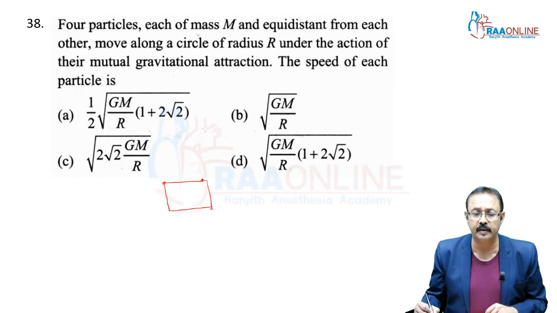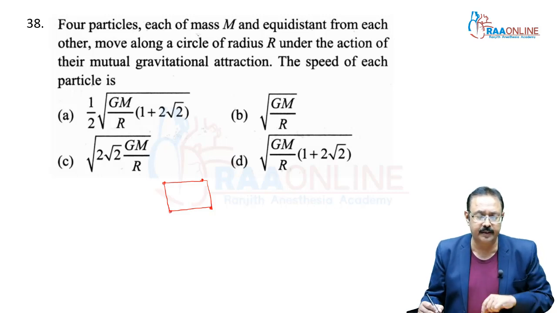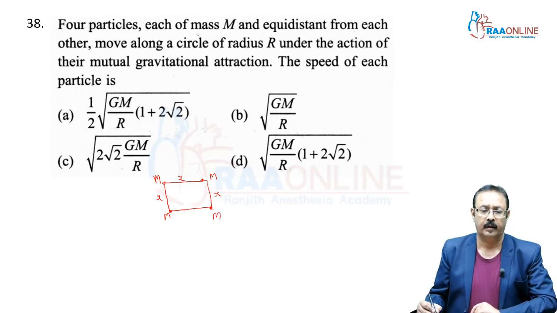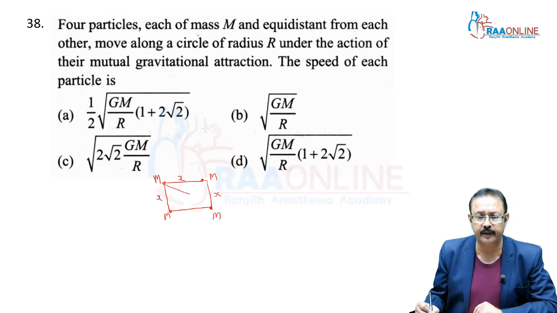So they are equidistant from each other and mass is m. If this distance is x, it should be x, it should be x. Four masses are here. It will attract in this direction, it will attract in this direction.